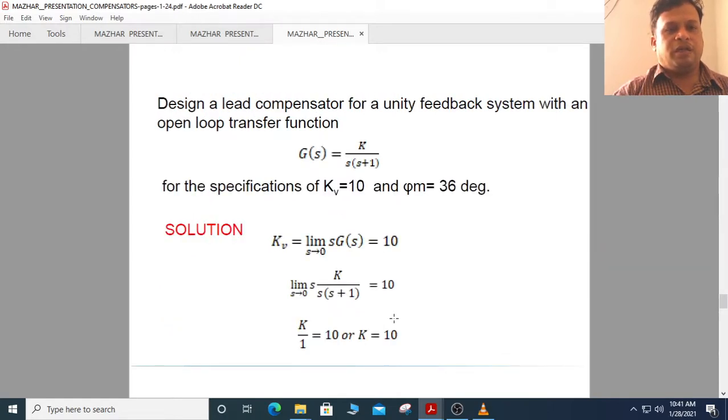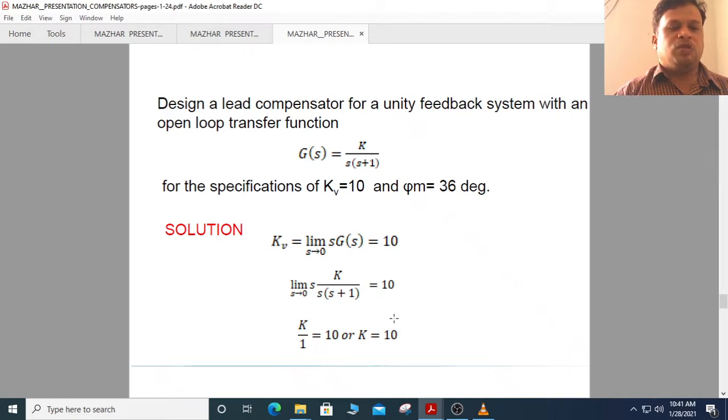Now we will see here designing a lead compensator for a unity feedback system with open loop transfer function G of s is equal to k by s into s plus 1, for specifications of Kv equal to 10 and phi m equal to 36 degrees. Now Kv is equal to limit s tends to 0 of s into G of s, equal to 10.